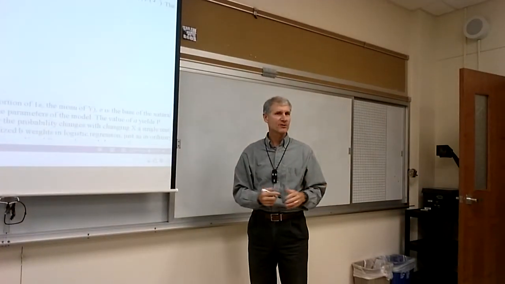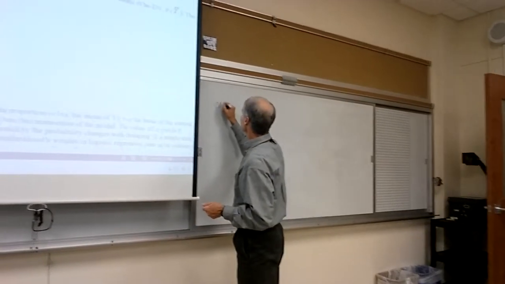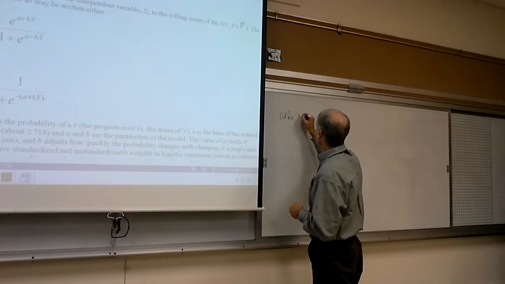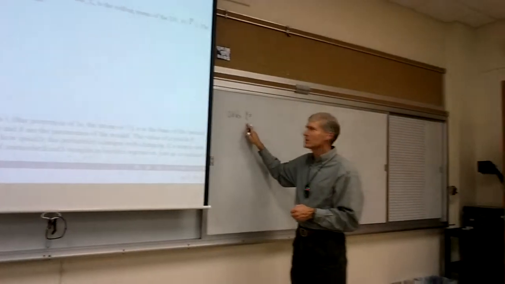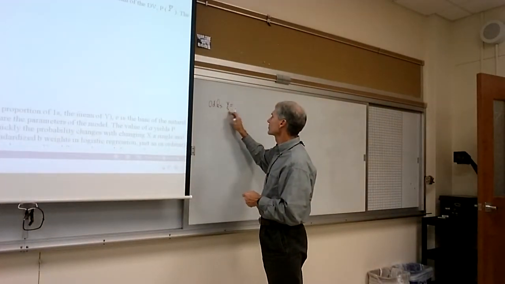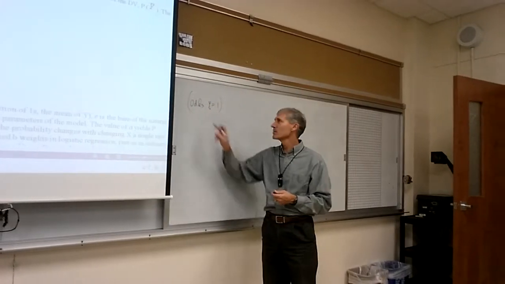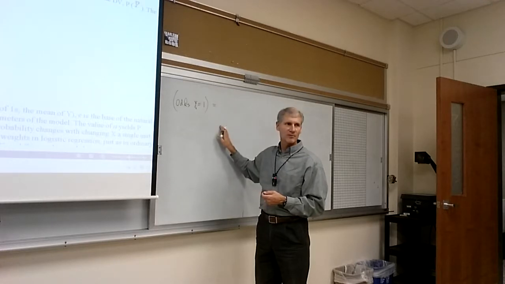Now, you gamblers all know what odds are, right? So the odds of y equal, I'll say yi, so a particular individual. The odds that a particular individual is a 1, instead of the probability they are a 1. How does that relate to probability?